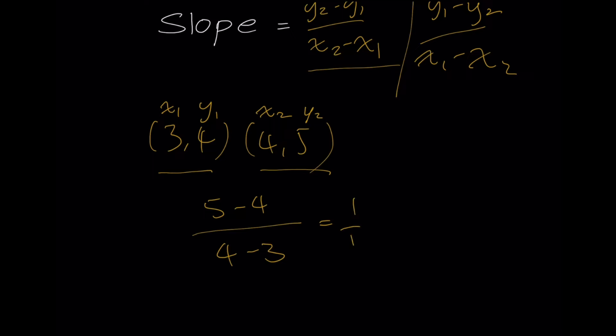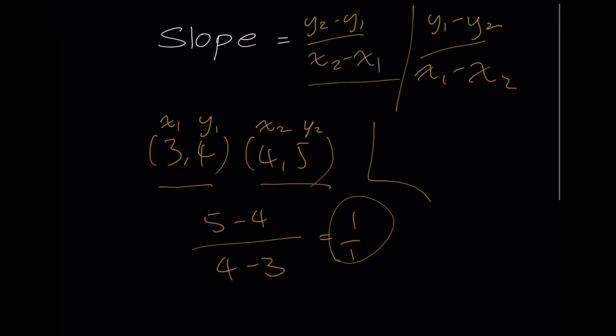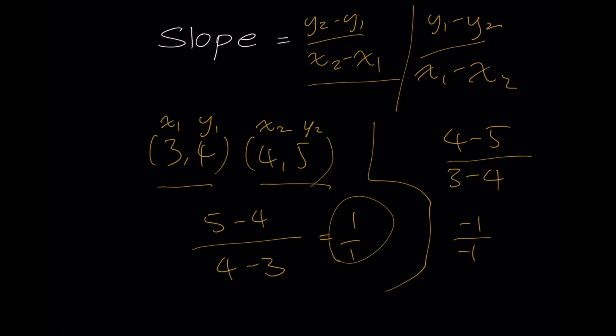We'll get 1 over 1, which is just 1. That's our slope. We can try using another formula as well. So y1 minus y2, 4 minus 5 over x1 minus x2, 3 minus 4. We'll get negative 1 over negative 1, which is still 1.